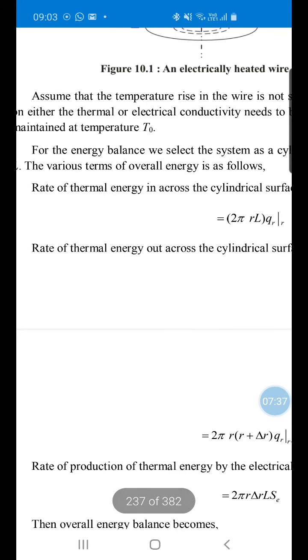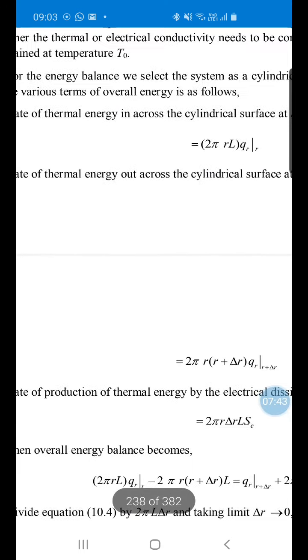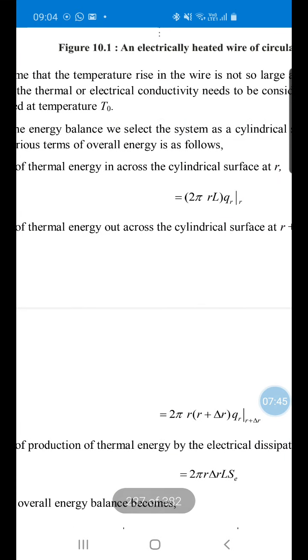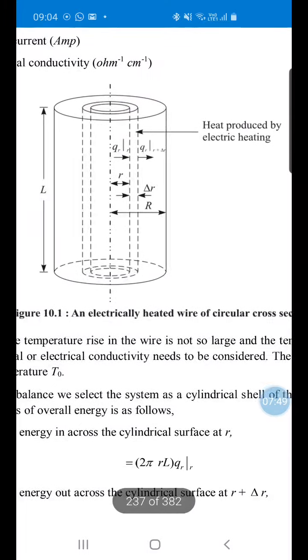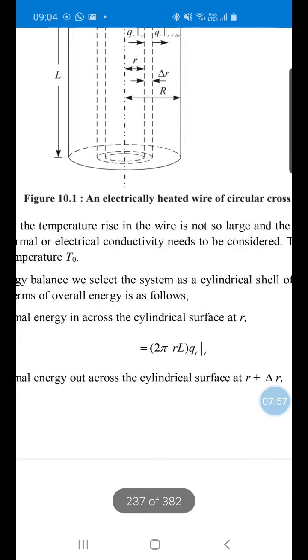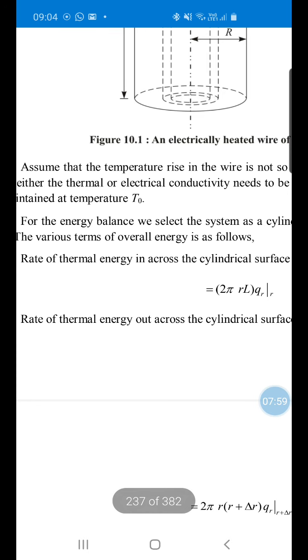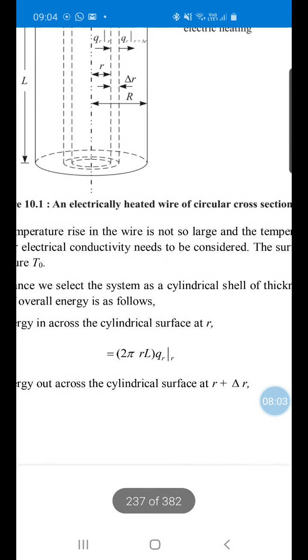For the energy balance, we will select the system as a cylindrical cell of thickness delta r and length L, and various terms of the overall energy balance will be shown. So this dotted line is the thin element cross section on which we are going to apply the energy balance. What will be the rate of thermal energy in across the cylindrical surface at r?